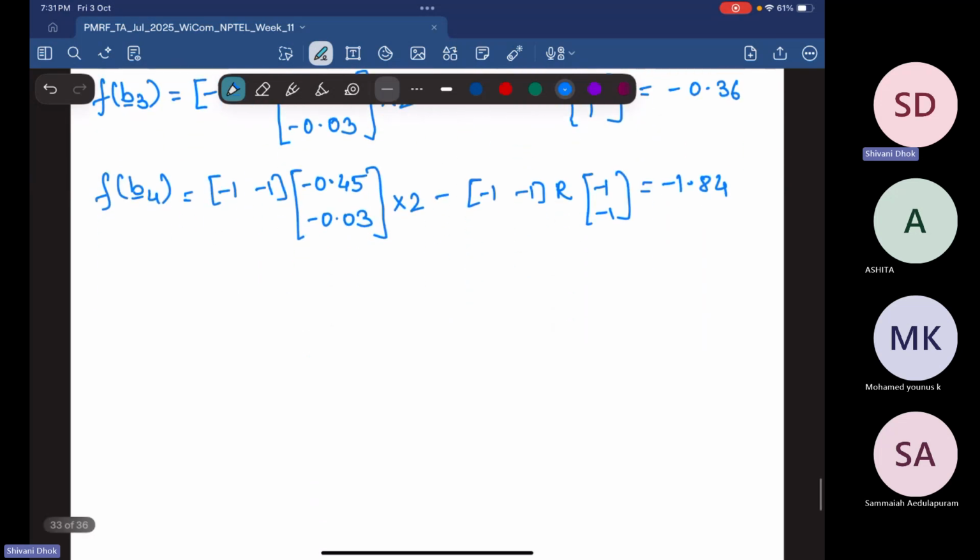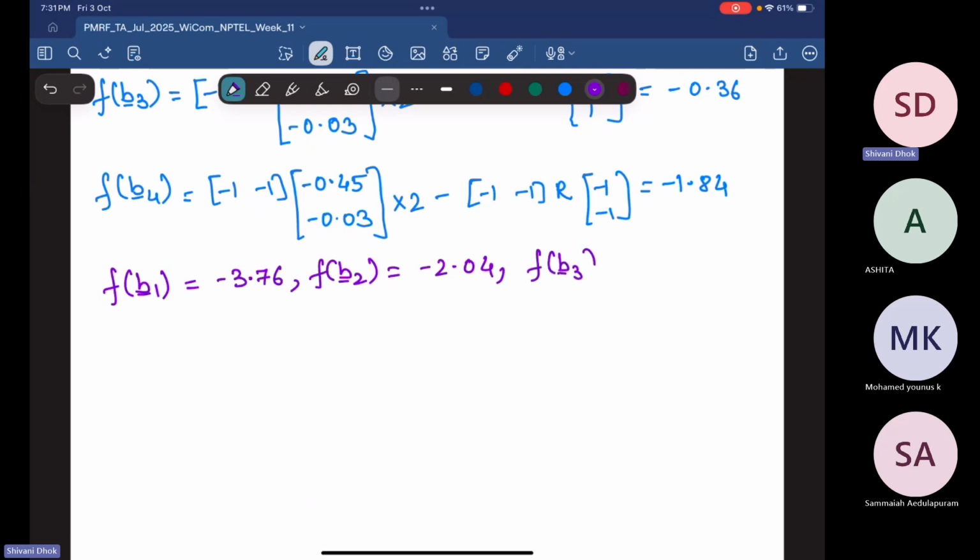So now I'll just rewrite all of the values. We have f of b1 equal to -3.76, f of b2 as -2.04, f of b3 is -0.36, and f of b4 is -1.84.